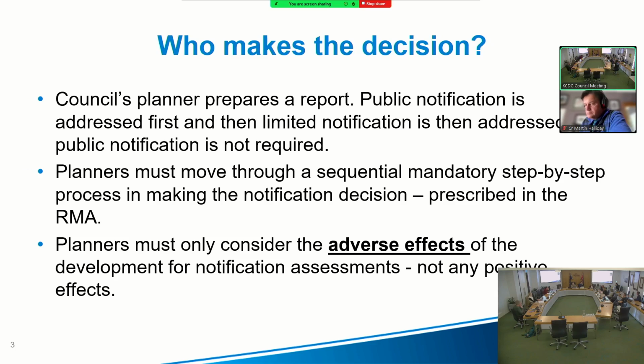And when we make that decision as planners, we have to be very careful how we make it, because any decision that we make could potentially be judicially reviewed. So of course, we have to be clear in how and why we have decided that an application is either notified or not notified.